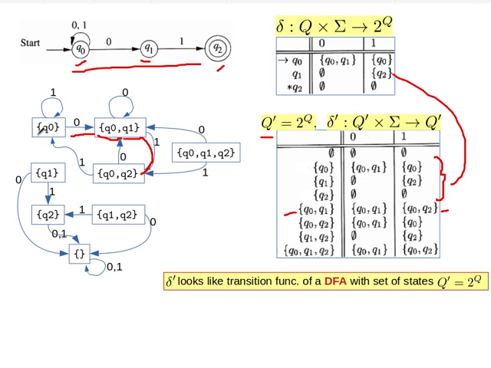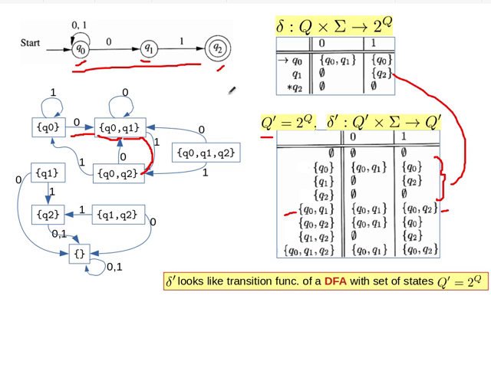Then on receiving 0, the next set of states is this, right? And this is visible from here: if you take this path, then you are in Q0. If you take this path, you are in Q1. So this will be Q0, Q1. This is also reflected here.